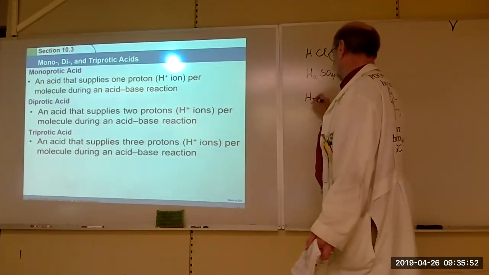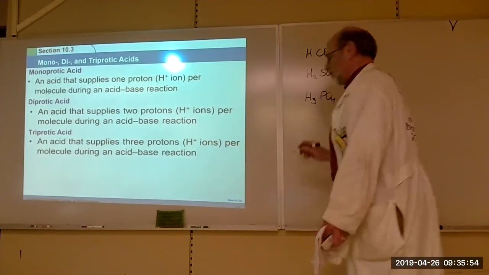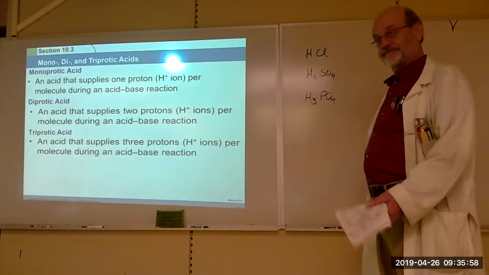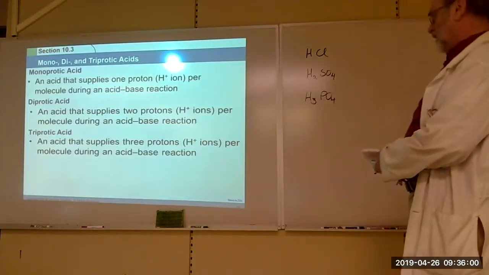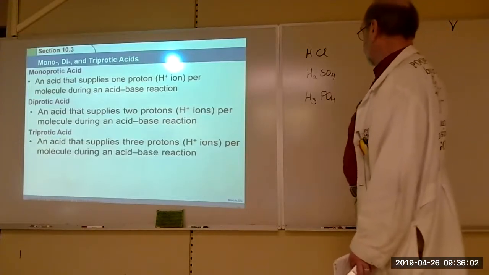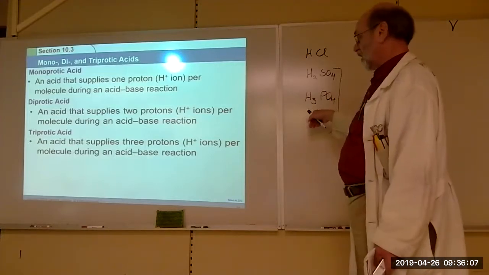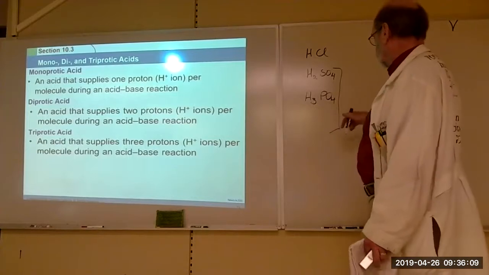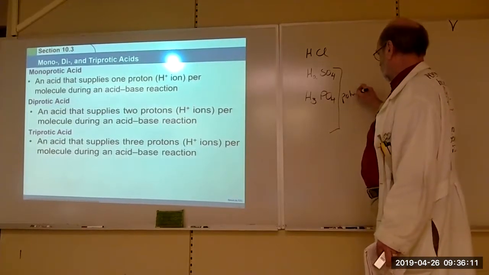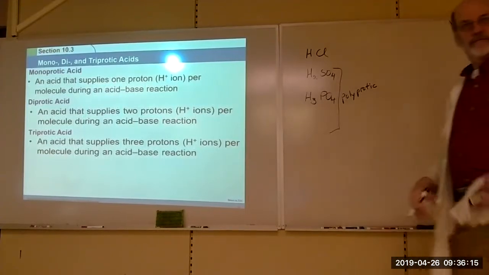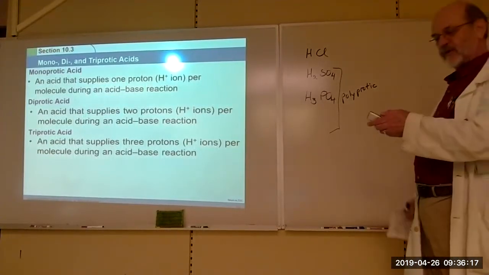Triprotic, phosphoric acid, it has 3 protons available. And sometimes we lump anything there or bigger. There are some quadriprotic, but sometimes we just call these polyprotic. Just lump them all together. Monoprotic versus polyprotic.